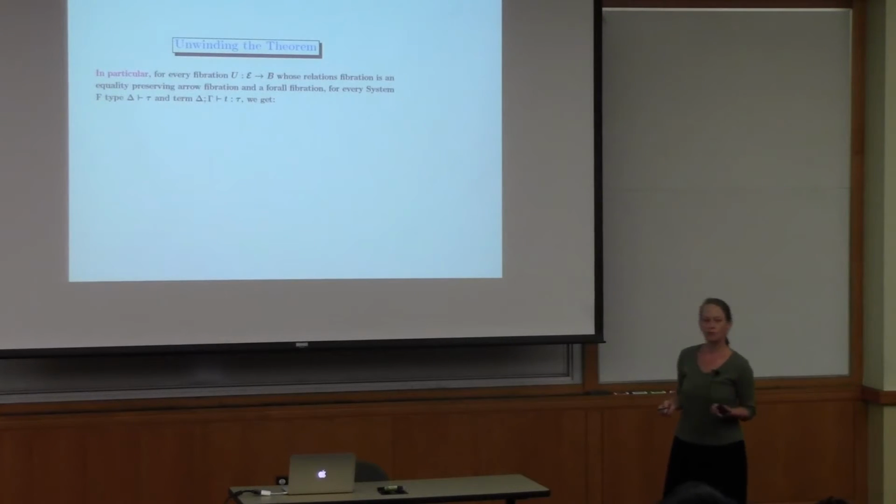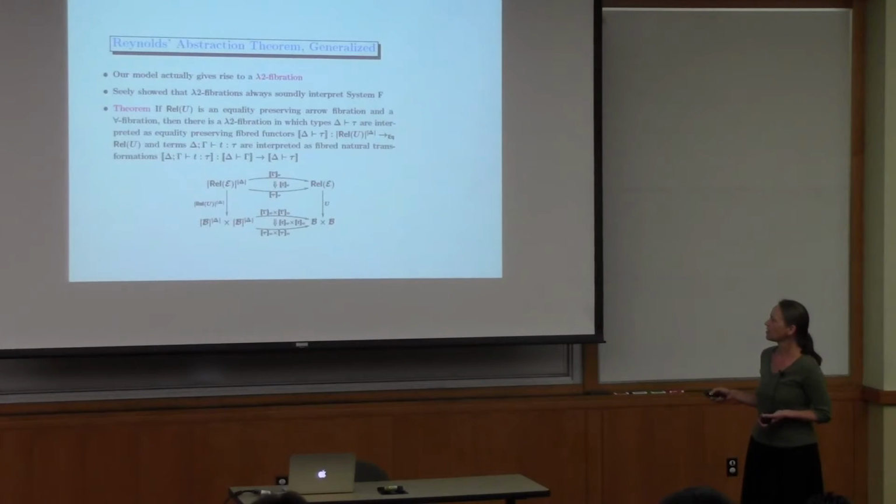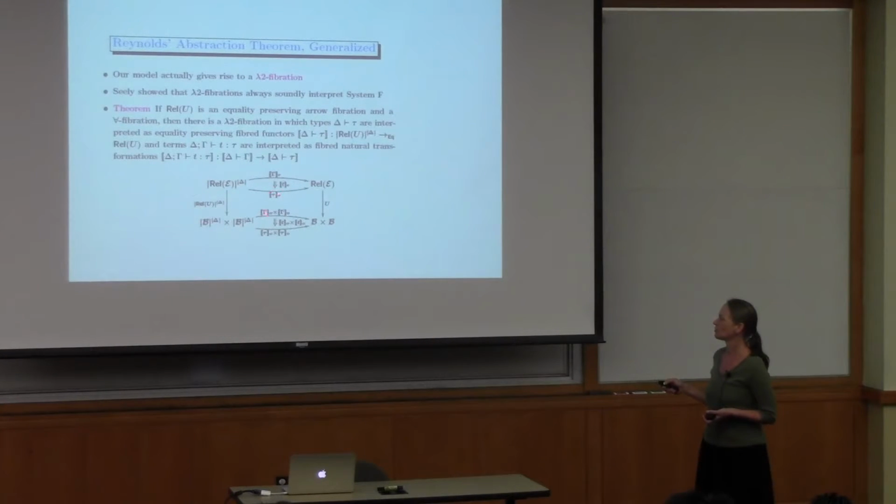Okay, if we unwind the theorem that we just had, or unwind this picture, then what we see is we have an object interpretation of types as fibered functors on the base, and a relational interpretation of types as a functor on the total category, and those two interpretations form a fibered functor.